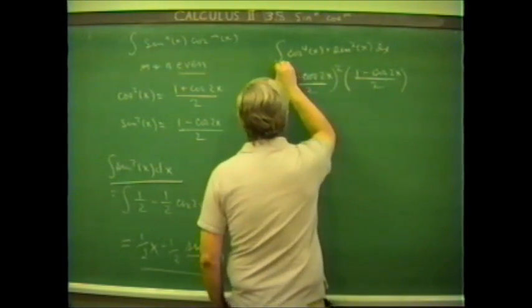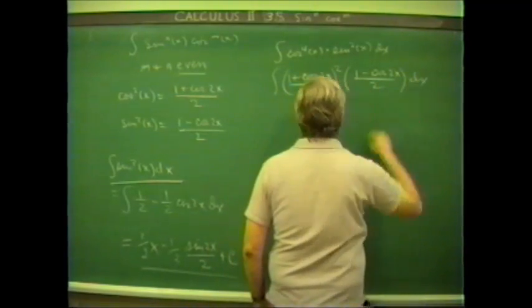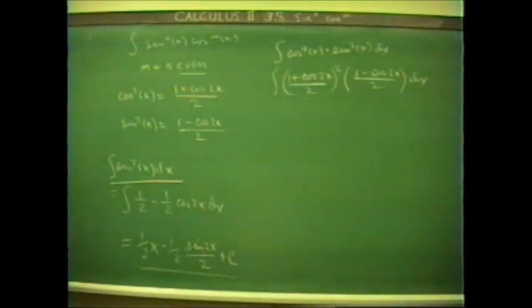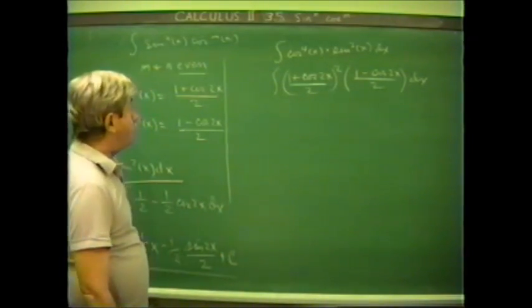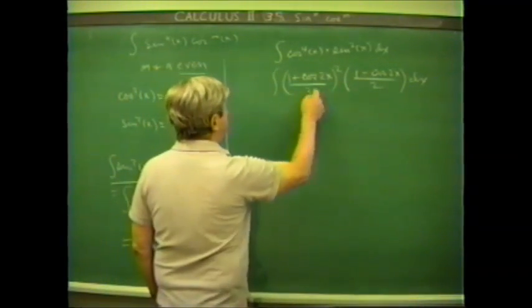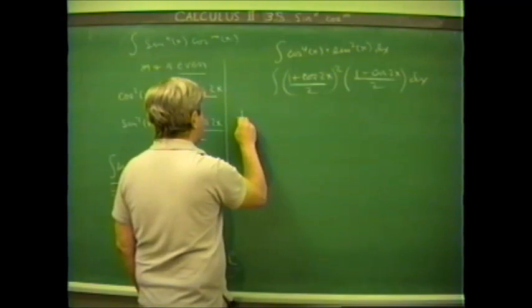So we want the antiderivative of this with respect to x. We get an eighth out of this, squaring all the 2's here.